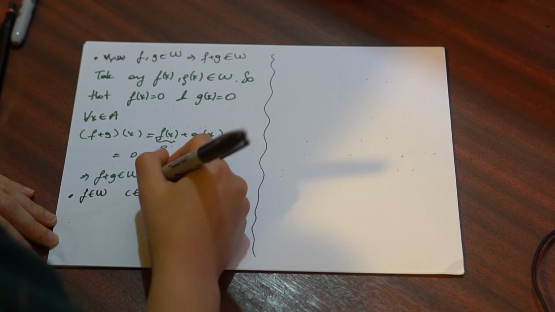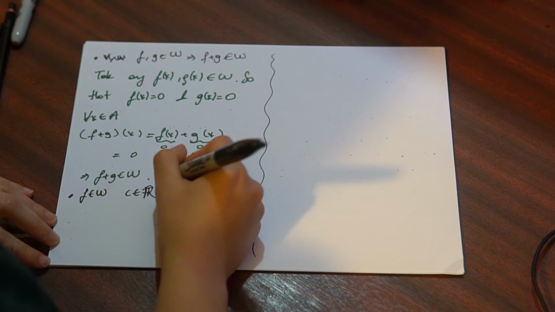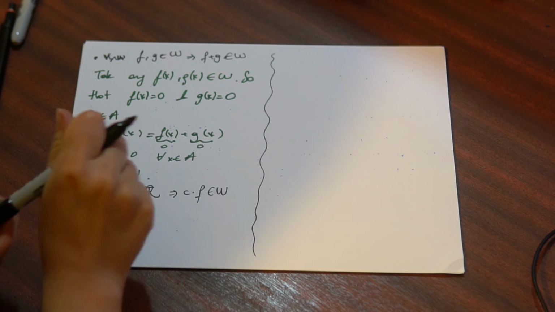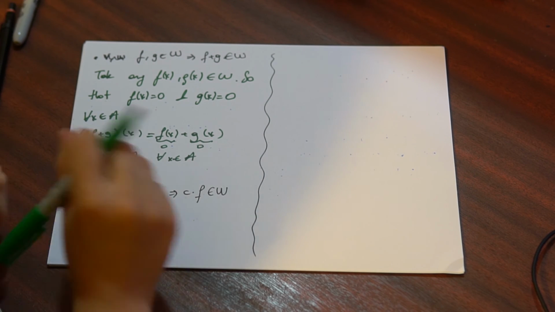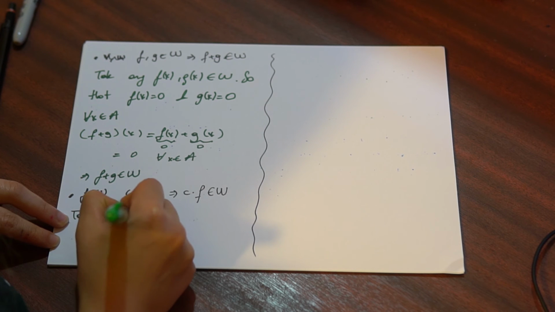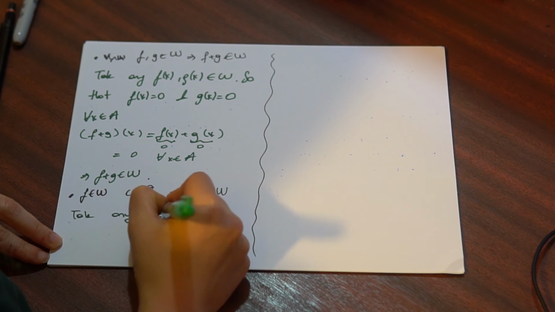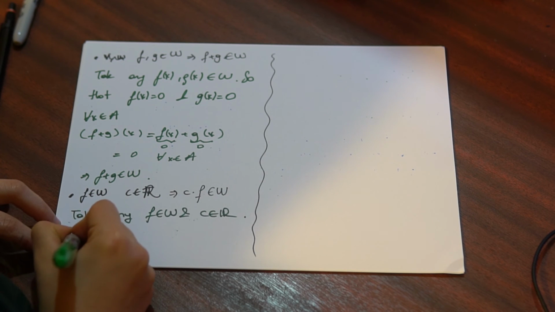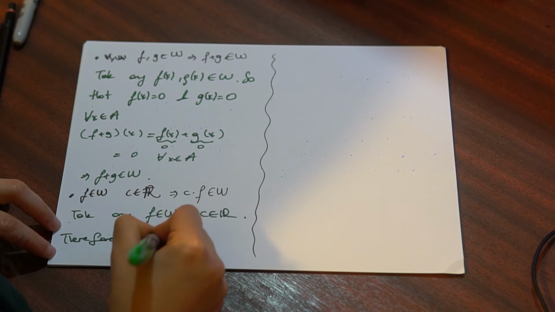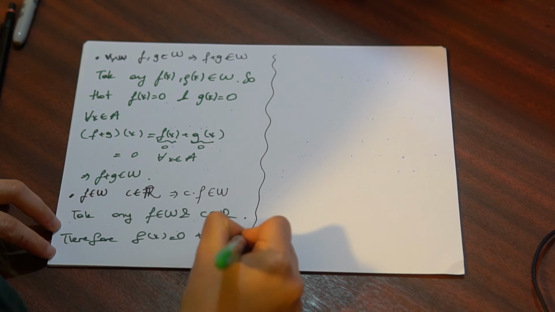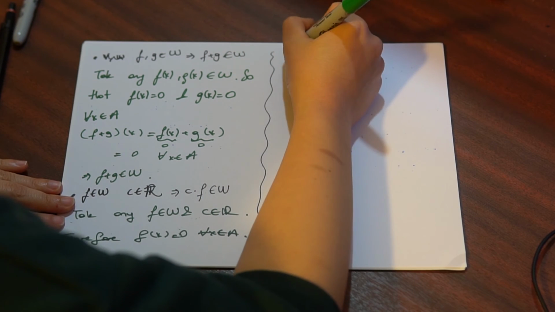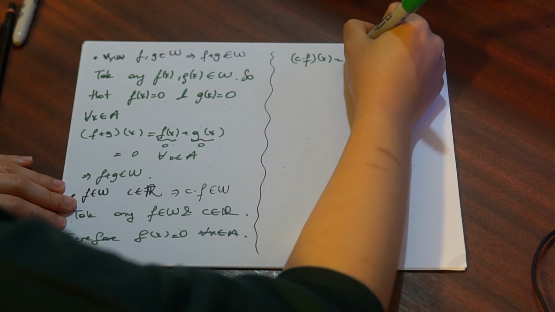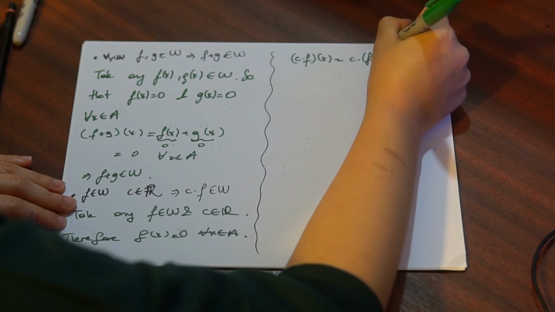In our case, it's R. Then c times f is in W. Again, take any f in W and c in R. Therefore, f(x) is equal to 0 for every x in A, since f is in W. Then c times f(x) is equal to c times f(x), right?